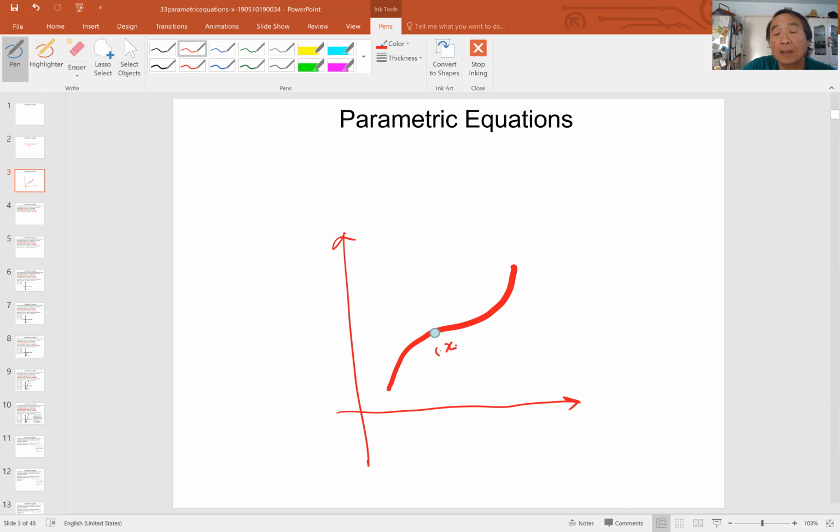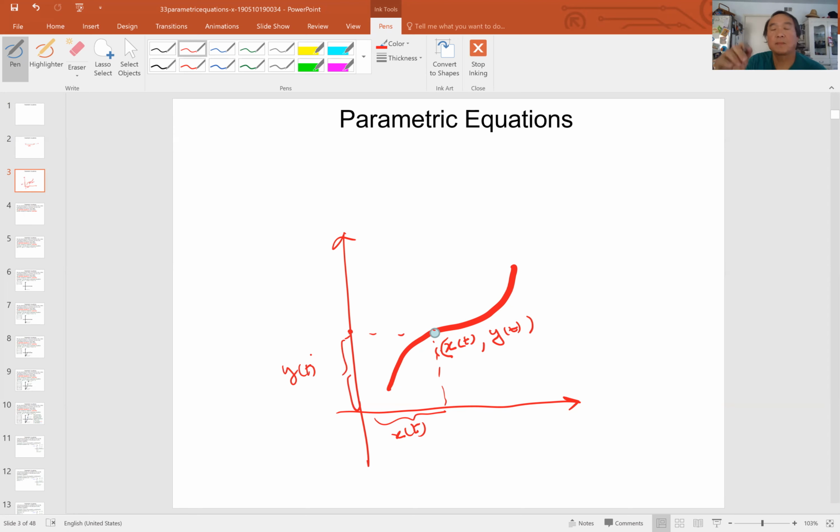That is, in the x component, we have x of t, which is the linear motion along the x-axis, and then we project onto the y component, the linear motion up and down, y of t.